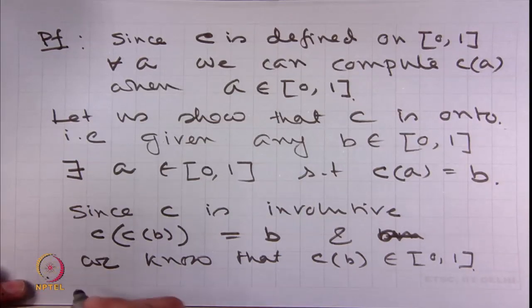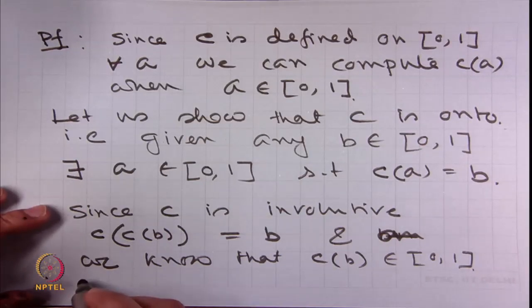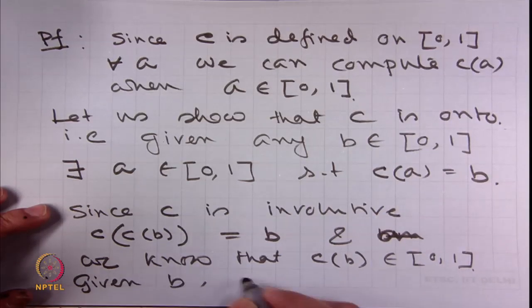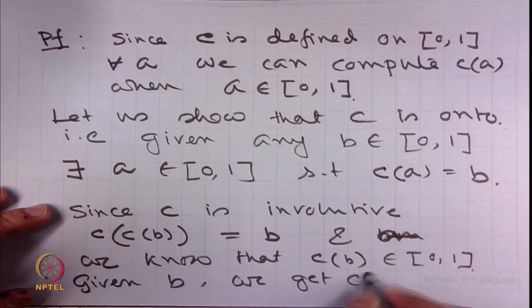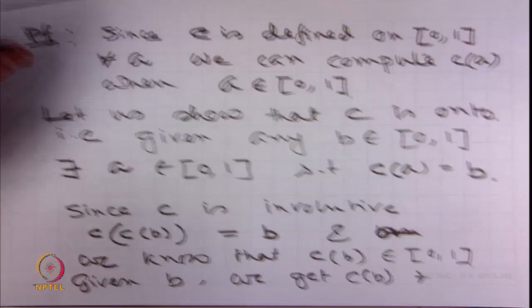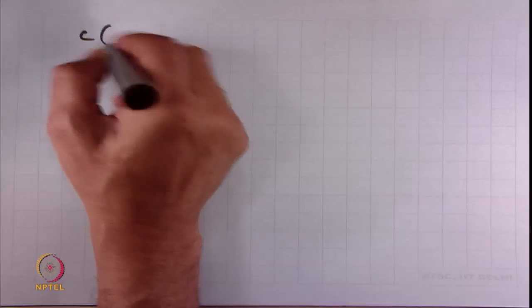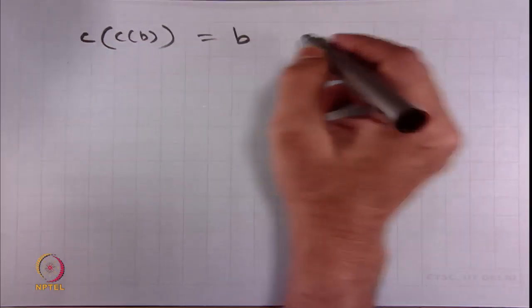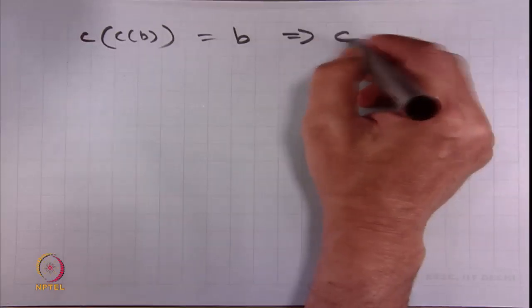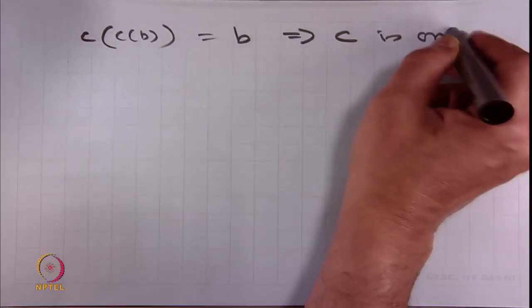Therefore, given B, we get C of B such that C of C of B is equal to B, which implies C is onto.